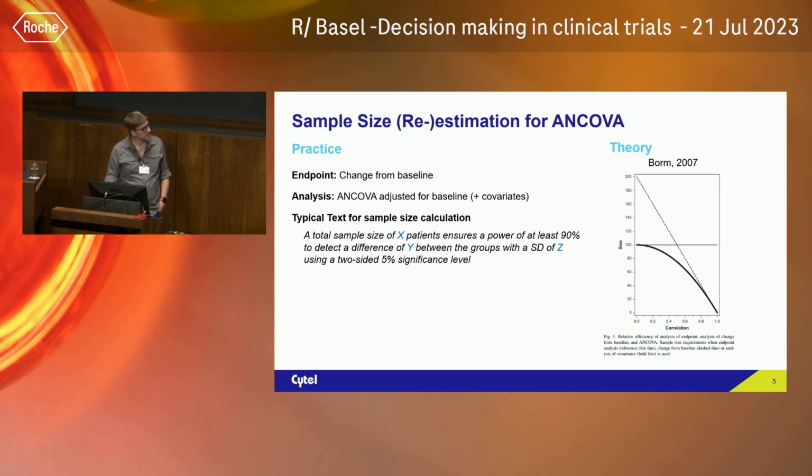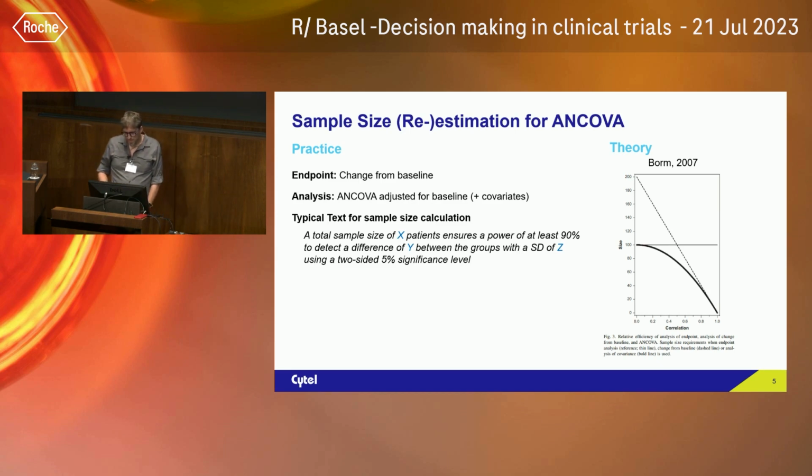So this is set to 100. But when you use instead the change from baseline, and you have a very low correlation between the baseline and your at-visit value, then you actually increase the variance. And this can be seen: your necessary sample size is much higher than actually needed.